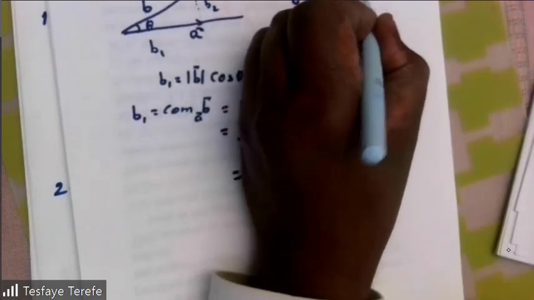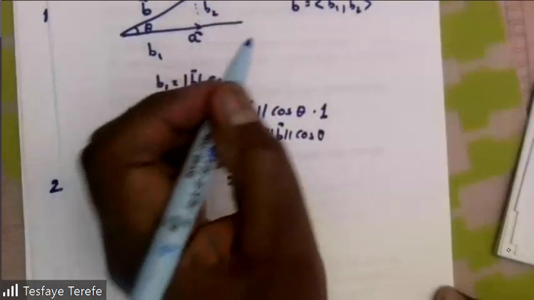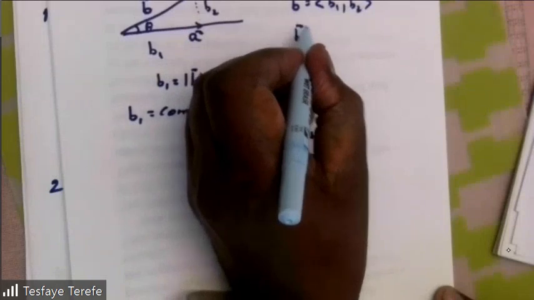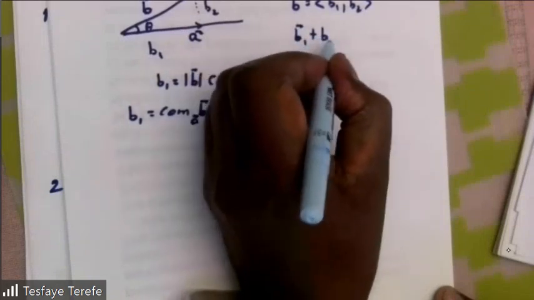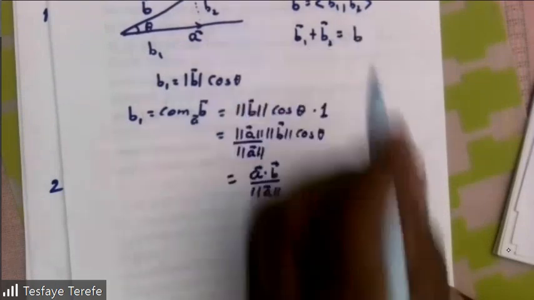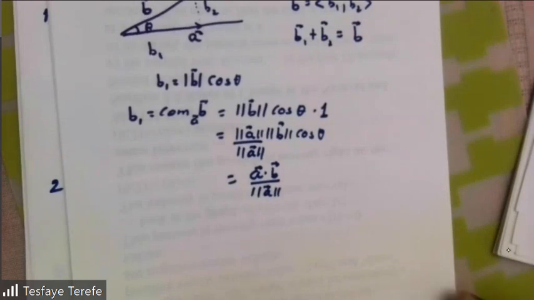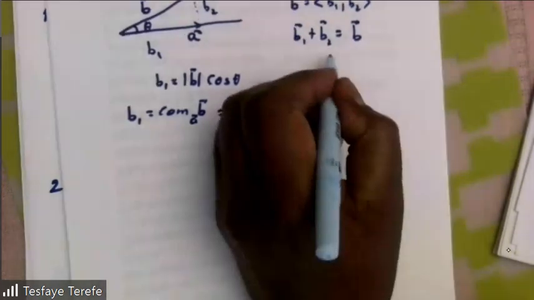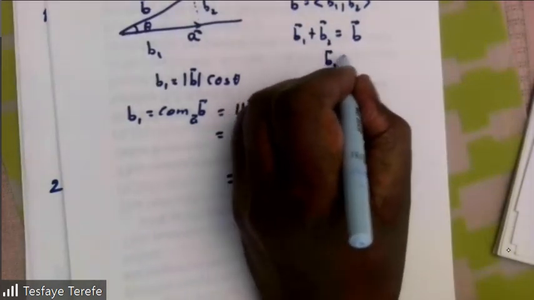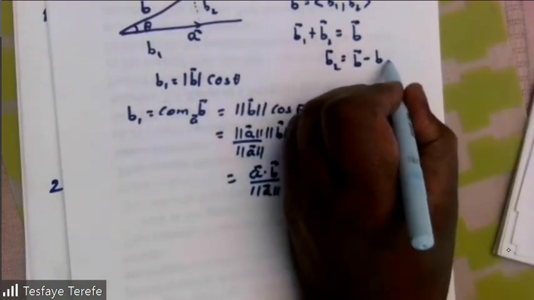By the geometrical form of vector addition, B1 plus B2 will give me vector B. Then how do I get vector B2? From vector B, I subtract vector B1.